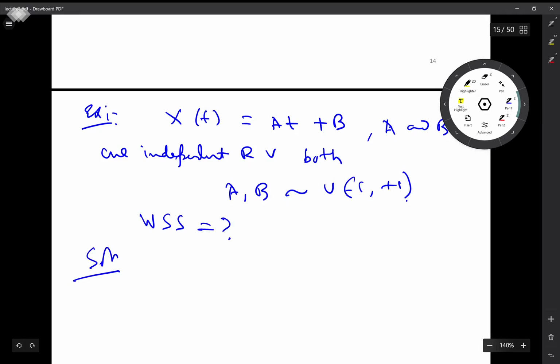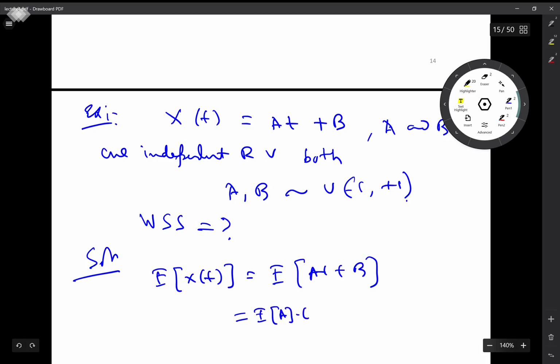Solution: let's calculate E[X(t)], which equals E[At + B], which is E[A]t plus E[B], which is 0 plus 0 equals 0. This is a constant, so one condition is satisfied.